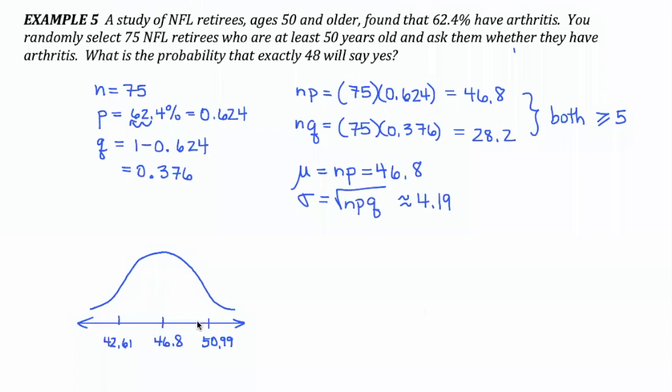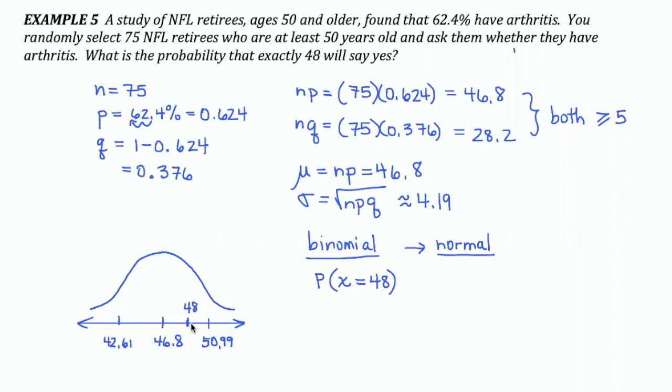I've set up my distribution, and my binomial probability that I am trying to calculate this time is the probability that exactly 48 people will say yes. So that's the probability that x equals 48. I'm going to convert that to a normal distribution probability by thinking on the number line. I locate where 48 would be, which maybe is right about here.